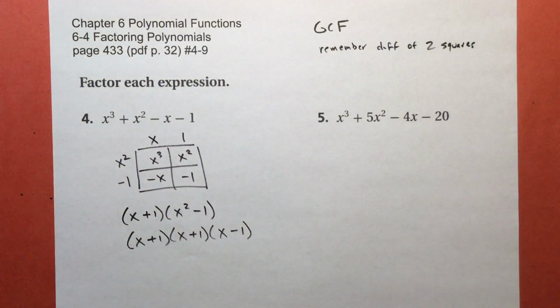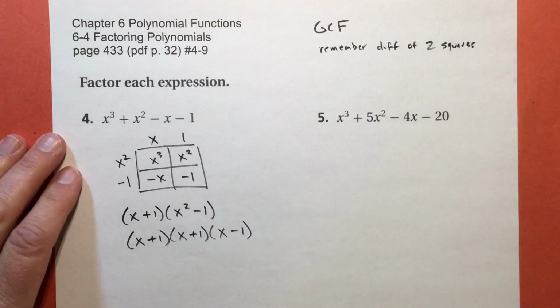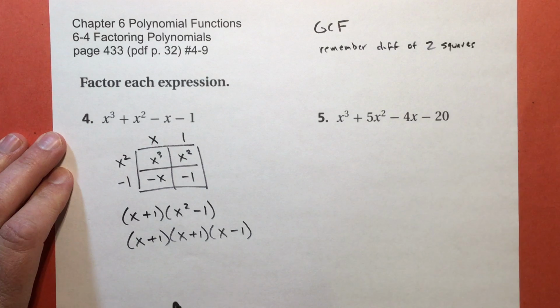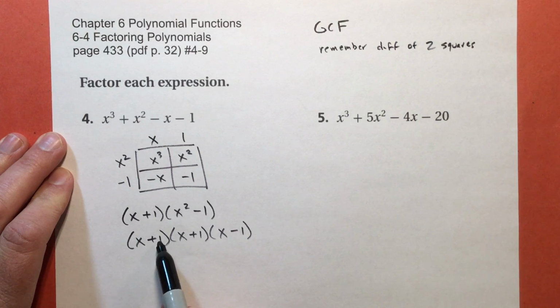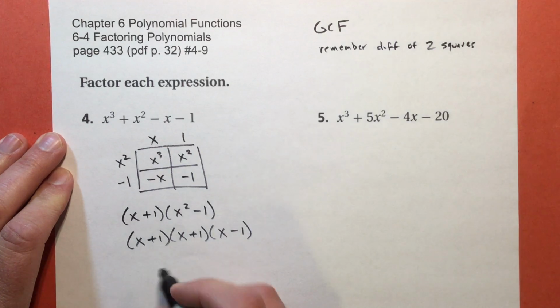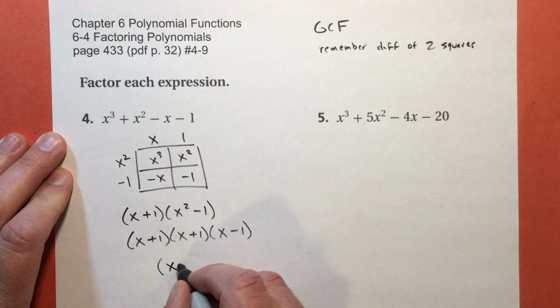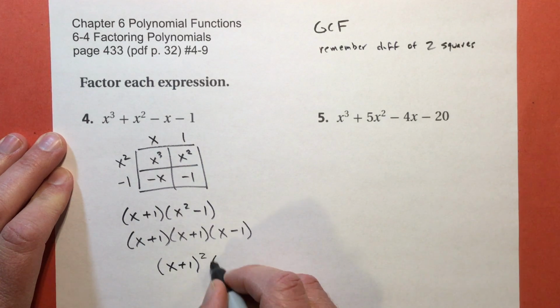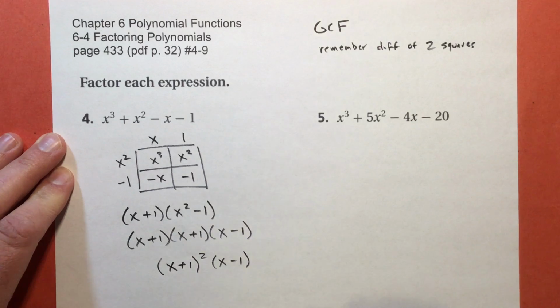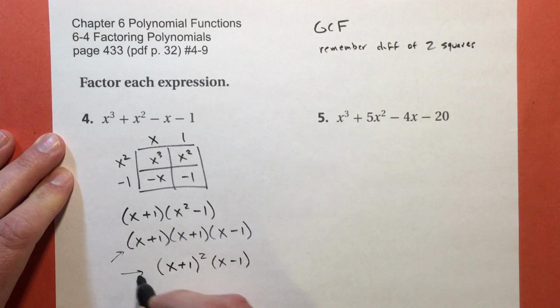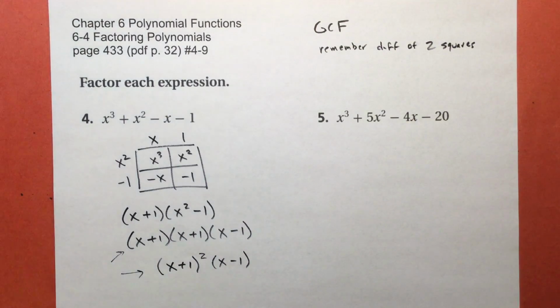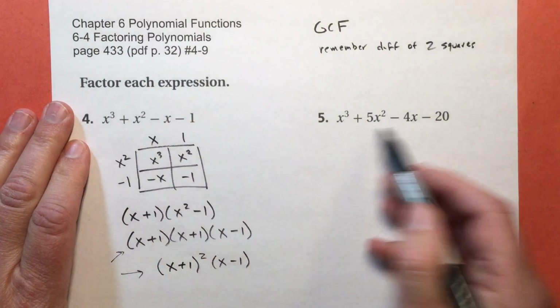For me, you can leave it that way. But some teachers are going to say, let's clean this up a little bit. I've got x plus 1 times x plus 1, so you can actually write it like this. I'm okay with either one of these. I just want to prepare you in case your teacher next year says, no, do it this way.